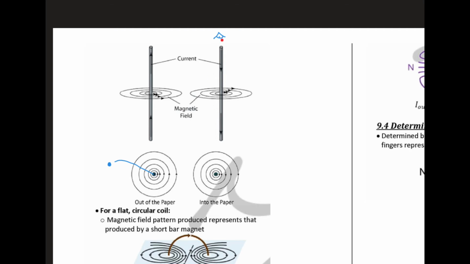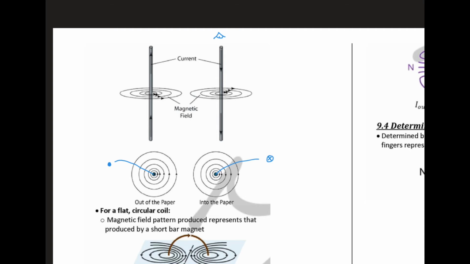We represent it by using a cross. When you use the right hand grip rule to determine the direction of the magnetic field, you make your thumb point into the paper, then the fingers will twist in the clockwise direction.